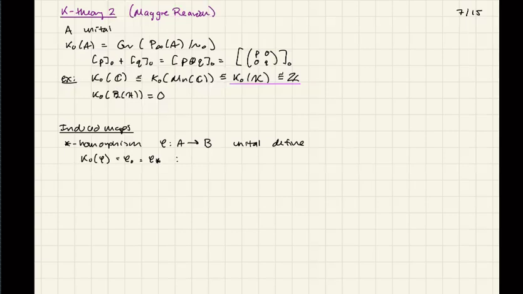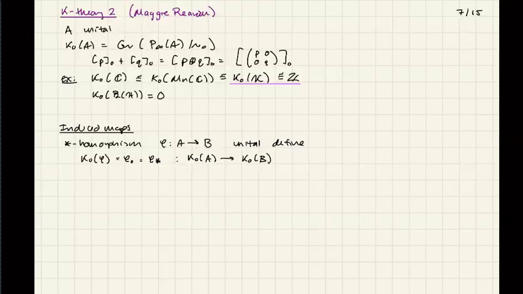Okay, cool. So we've got this induced map on our K0 groups. You can show that this will be a group homomorphism from K0 of A to K0 of B, so it preserves the direction.